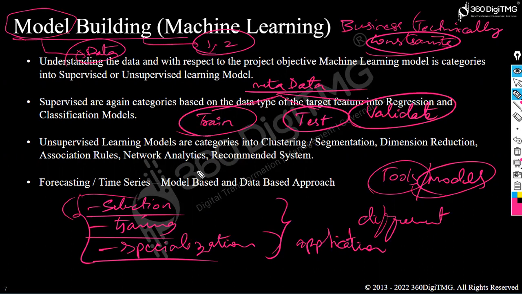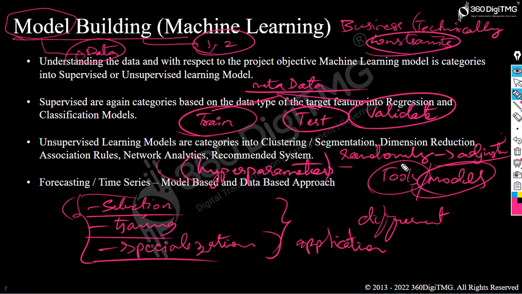So we might use some hyperparameters. When I say hyperparameters, these are the parameters that are randomly taken and adjusted. So when you are randomly choosing these hyperparameters, we will be getting changes in the accuracy.